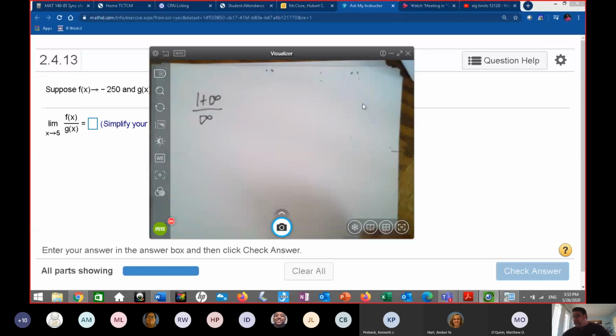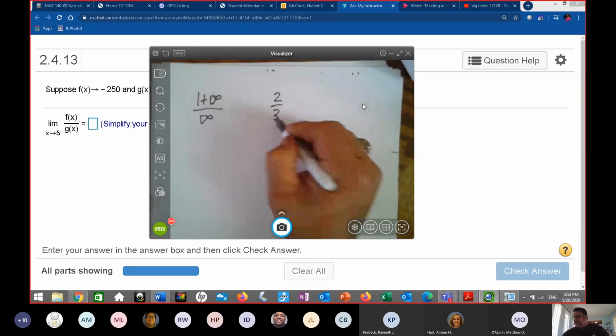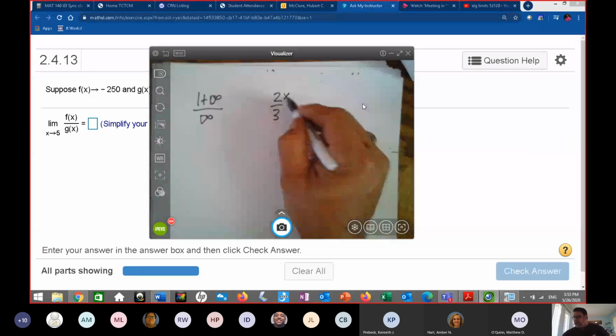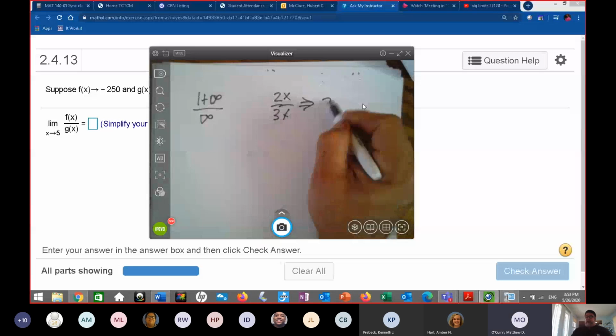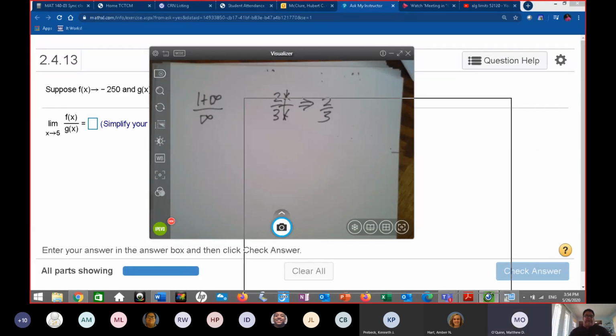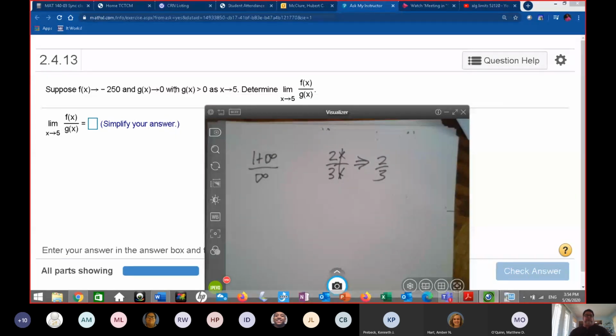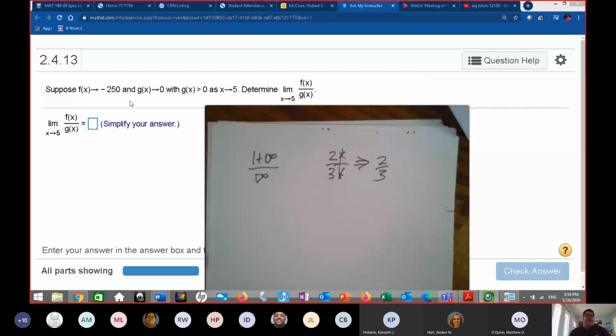Or you have to think 2 over 3, which is 2/3, or 2x over 3x, which is equal to 2/3 because the x's cancel. When we went through those in the video, well, this one is kind of like that, but they've got it written in a way that does nothing but what to the student? What does that do to the student? Come on, spit it out. It confuses the student. This right here confuses the student.